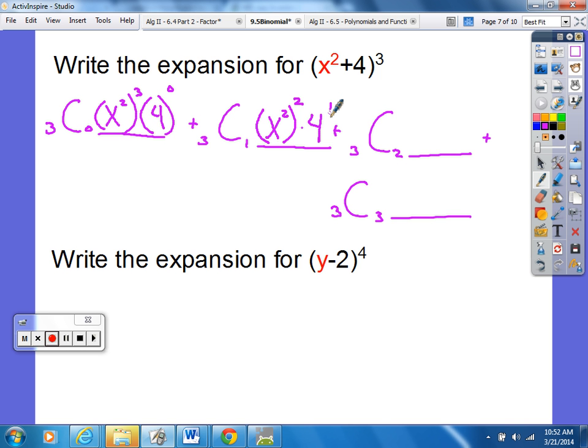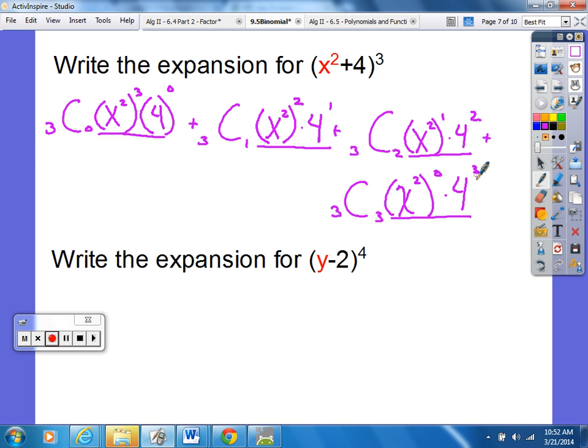See if you can fill in the other two lines. So this would be x squared to the first times 4 squared. This would be x squared to the 0 times 4 to the third.